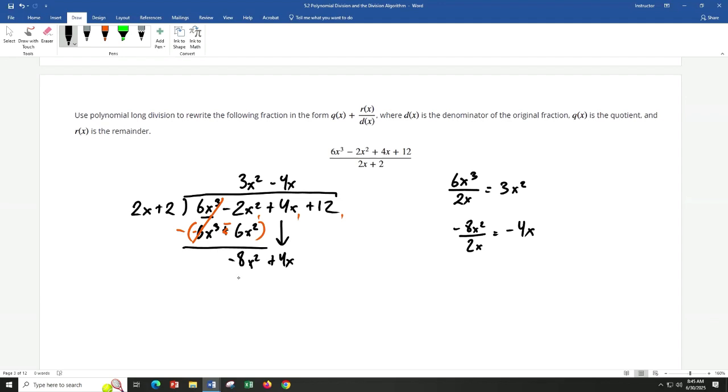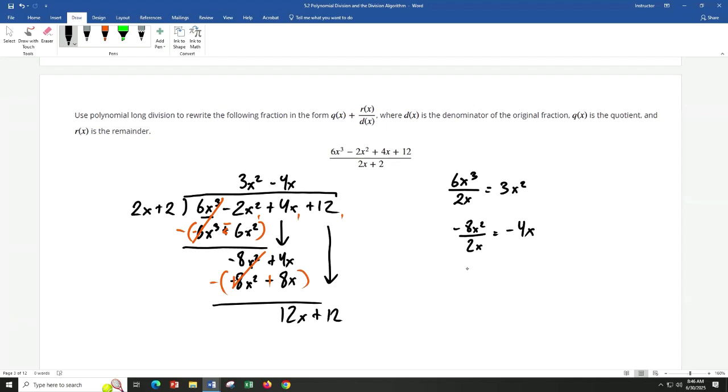Negative and positive make a negative. That's going to give me negative 8x squared minus 8x. Doing that, that's going to turn everything in here positive, correct? That goes away there. That's going to turn into 12x. Bring down the 12. And you do one more round.